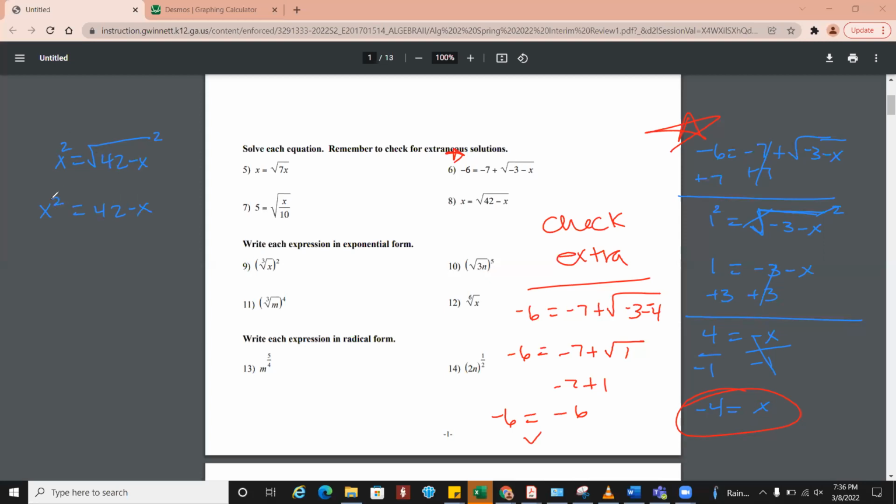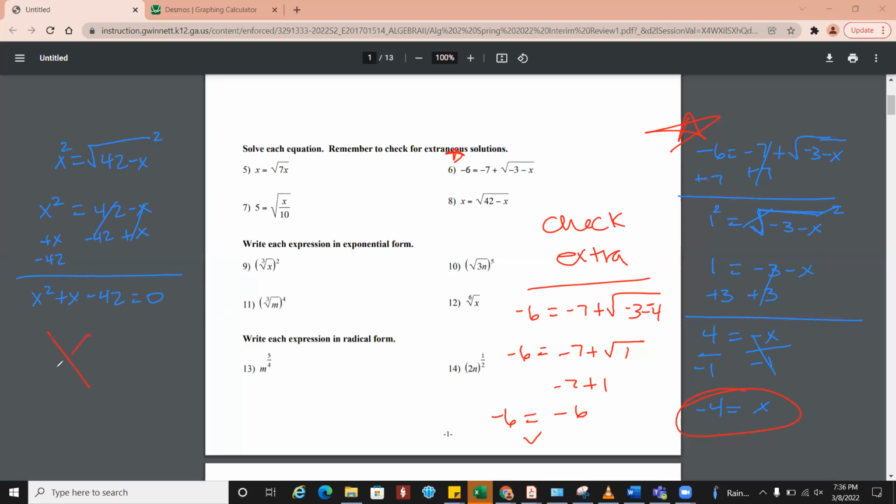Since there's that x squared, I know that it's a quadratic. So that means I'm going to move everything to one side and then factor. So I'm going to add x to the other side. I'm going to subtract 42, move it to the other side. So this will give me x squared plus x minus 42 equals 0. And now I'm going to do the dreaded factoring.